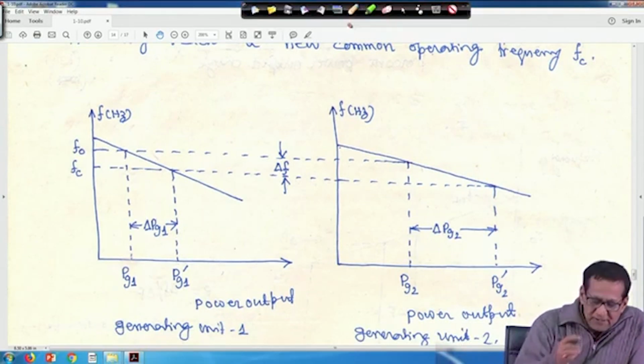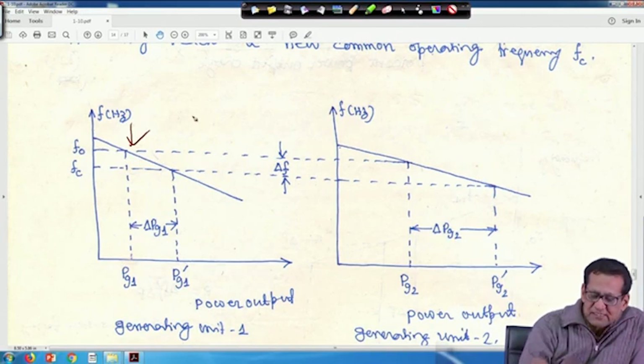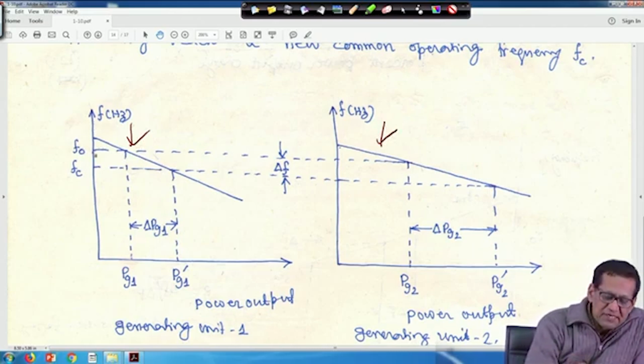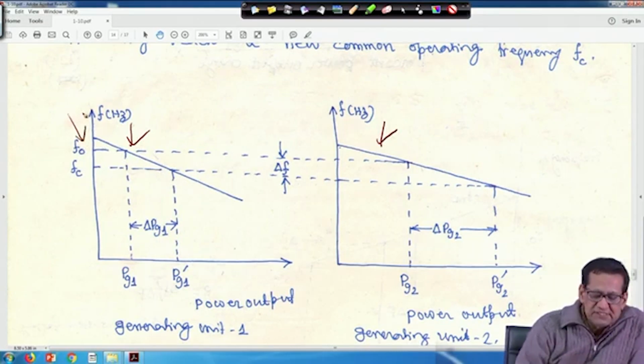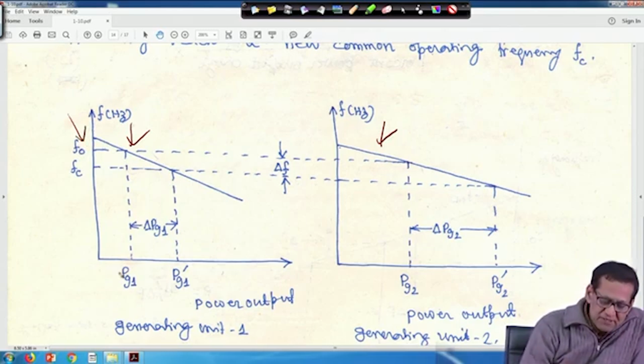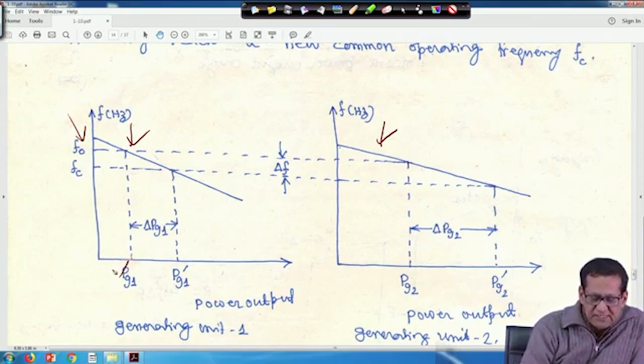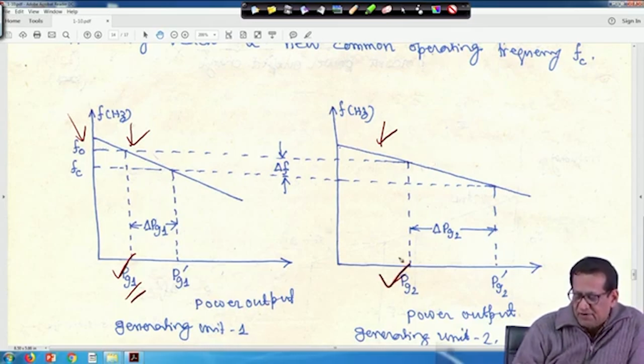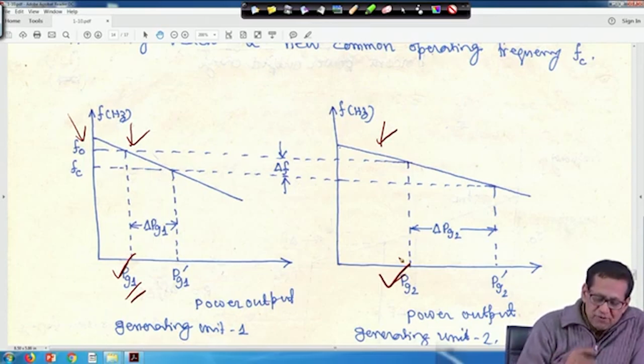If you look into that, this has a different droop characteristic, this has a different droop characteristic, right. When they are operating at nominal system frequency f0, at that time generator 1 was delivering power Pg1. This is Pg1, and if you draw a horizontal line, the other one at that time was generating power Pg2, right. Now, the load has increased.